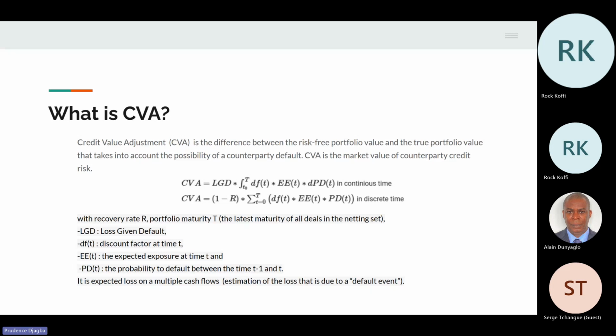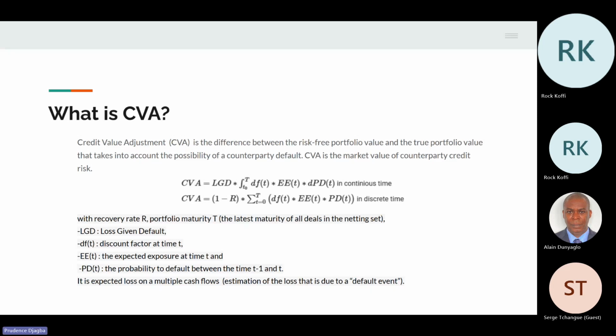Mathematically, to compute the CVA in continuous time, it's the integral of the product of the discount factor times the expected exposure times the probability of default times the loss given default.